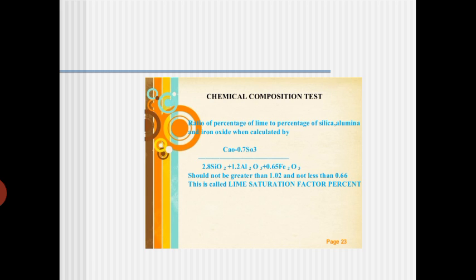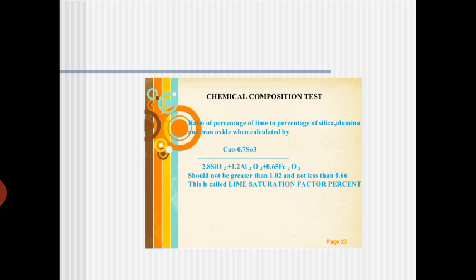So calcium oxide, which is contaminated with 1% of sulfur dioxide, then we have 2.8 moles of SiO2. Normally 2.8, 1.2, 0.6, these are the moles. Maybe I'll explain this mole concept in your next class: what the mole concept is, and how we find the molecular weight and the equivalent weights.